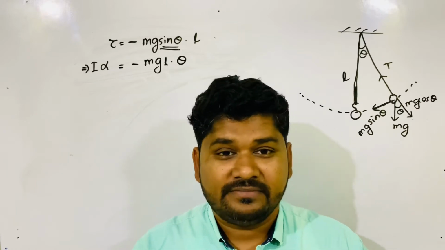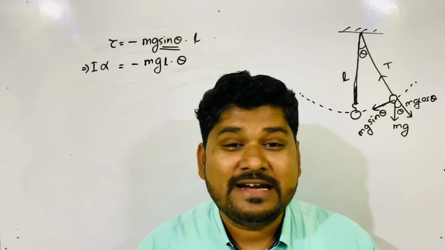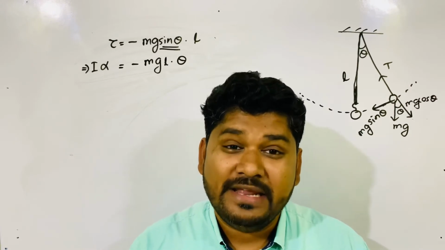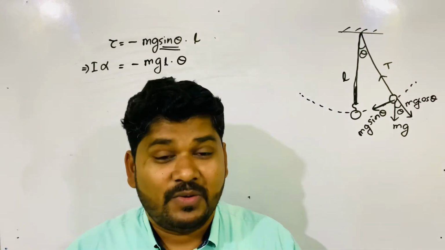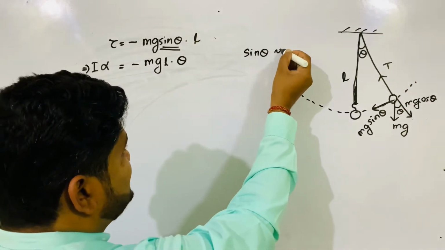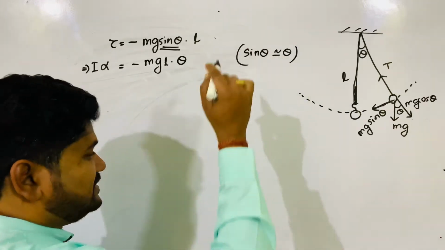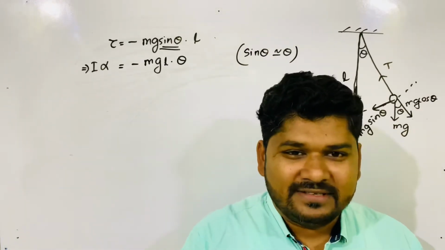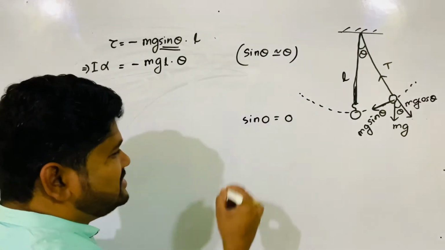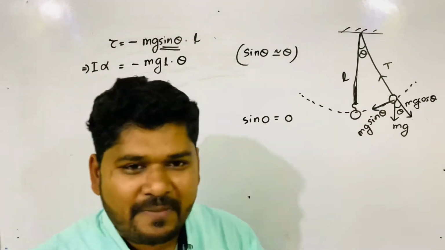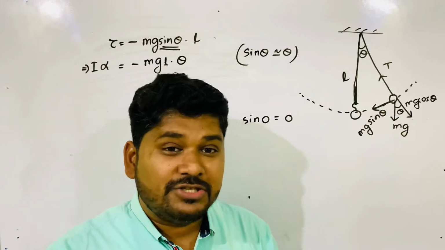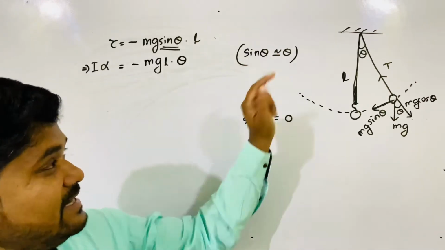Yes, no problem, but when is it possible? When theta is very, very small. In that condition you can write sin theta nearly equal to theta. If theta is very small, say close to 0, then sin 0 is 0. But not exactly 0; if it is non-zero and very small, then sin theta is equal to theta.